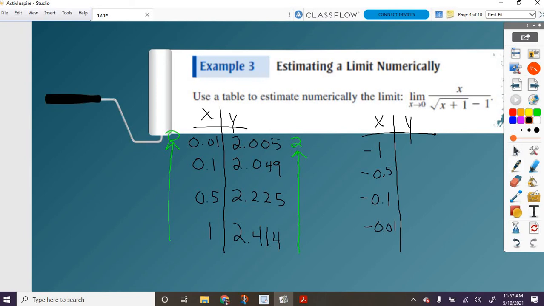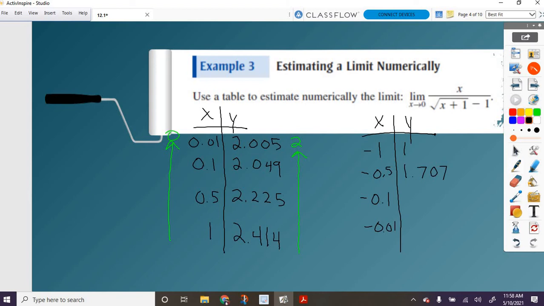I did positive 1, but it should be negative, because you would have -1 divided by... Yeah, -1. Alright, what do we get for -0.5? George, what do we get? 1.7, what's 3 decimal places? Okay, I agree. What about -0.1?